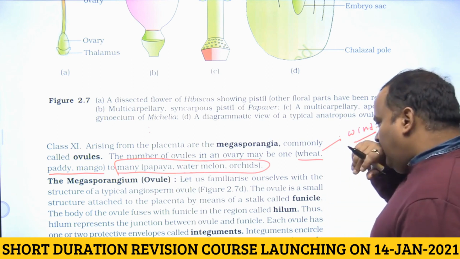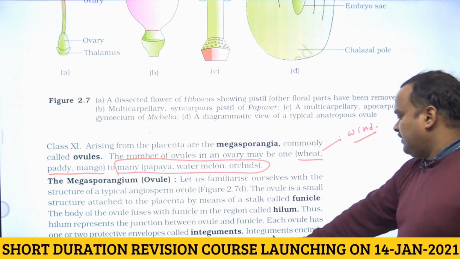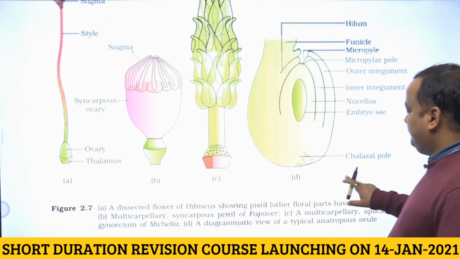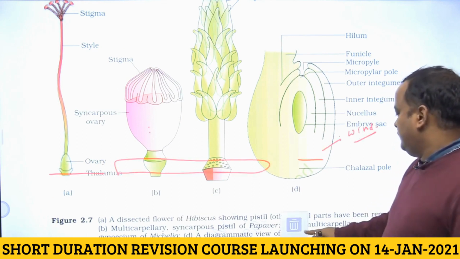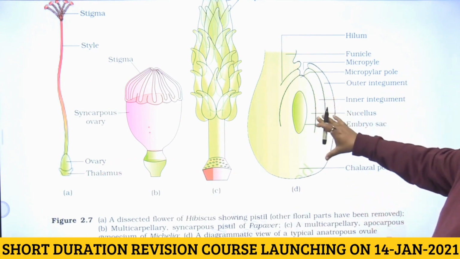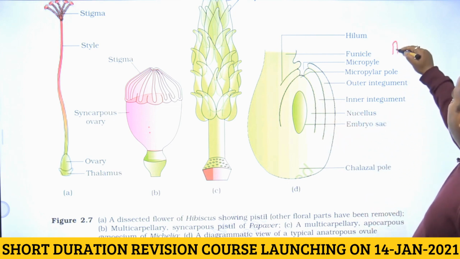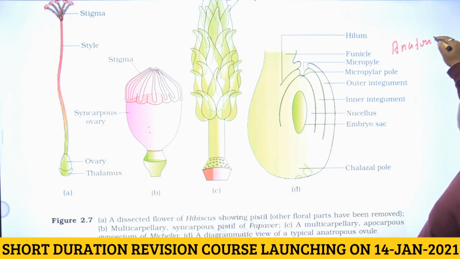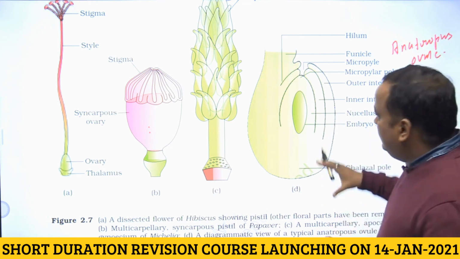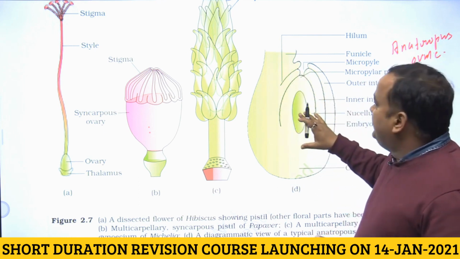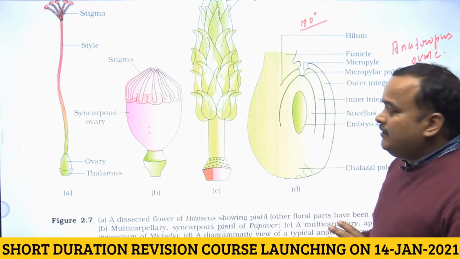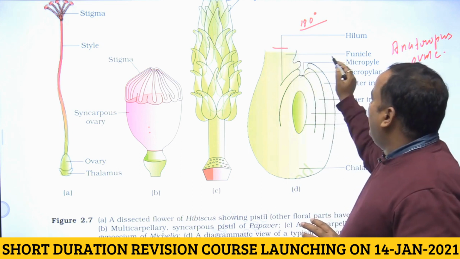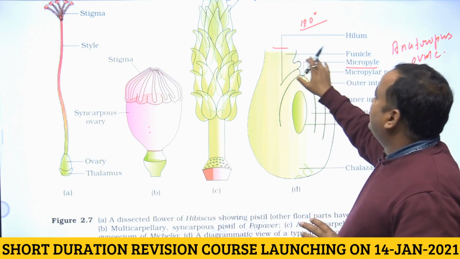Now we will come to the structure of the ovule. This is a typical anatropous ovule. Anatropous ovule means it shows a curvature of 180 degrees, and the curvature is such that the funicle and the micropyle lie at more or less the same level.